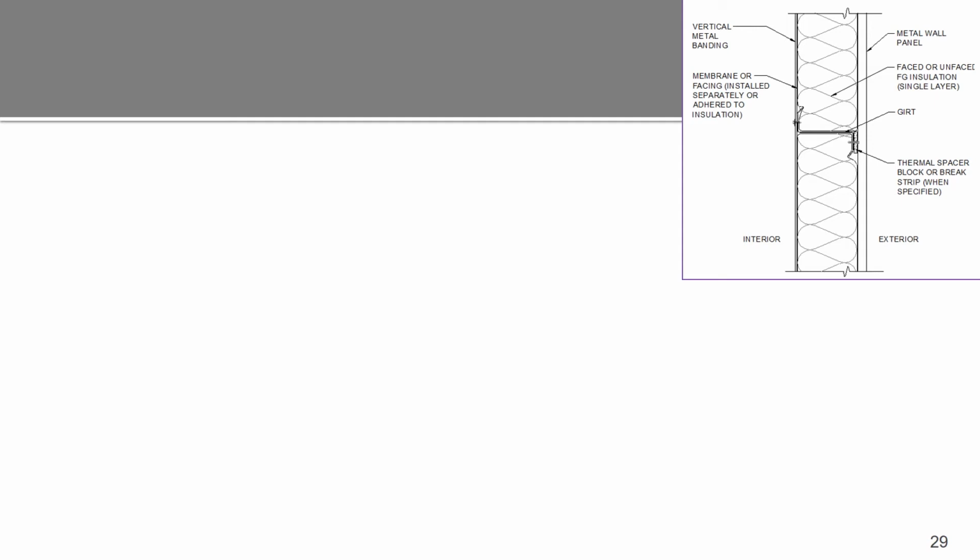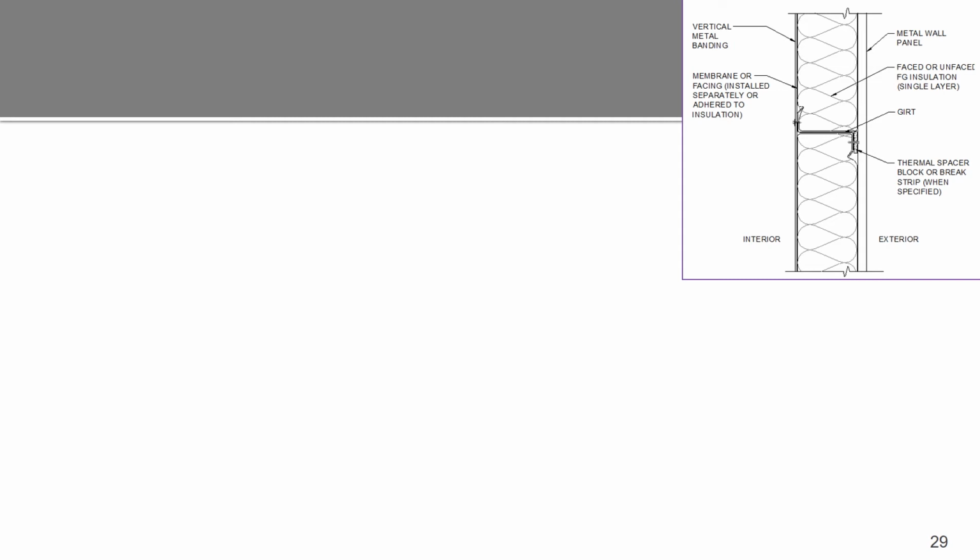This is not the same as a single layer system over the girt. Notice what is shown here. It does include a little break strip tape between the girt and the wall panel. There is no fiberglass insulation compressed between the girt and the outside flange of the girt.